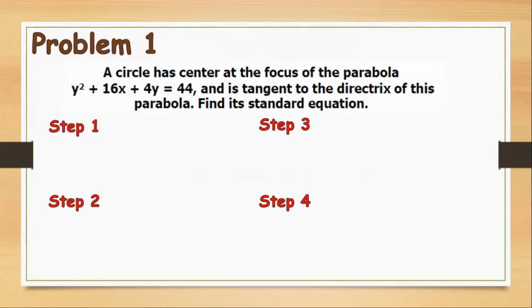A circle has a center at the focus of the parabola. Take note that we have the given equation of the parabola, which is y squared plus 16x plus 4y equals 44. This is the equation of our parabola, and the circle is tangent, meaning it touches only one point, to the directrix of this parabola. Find its standard equation.